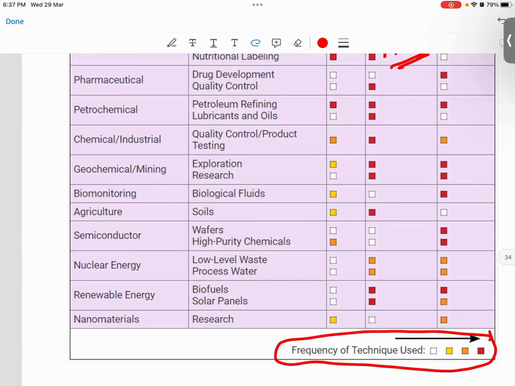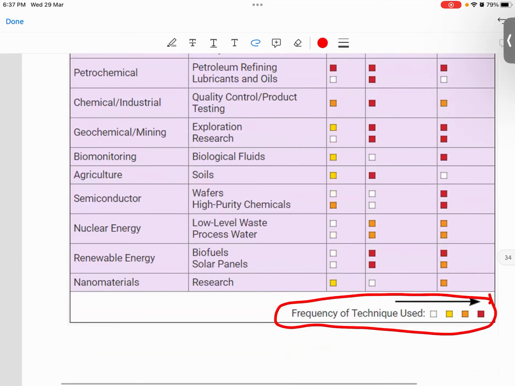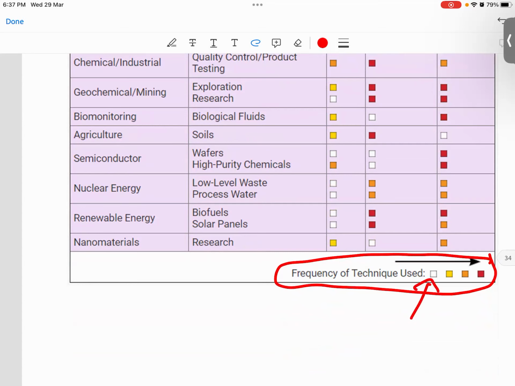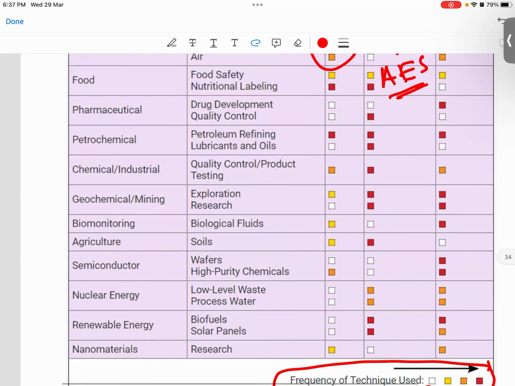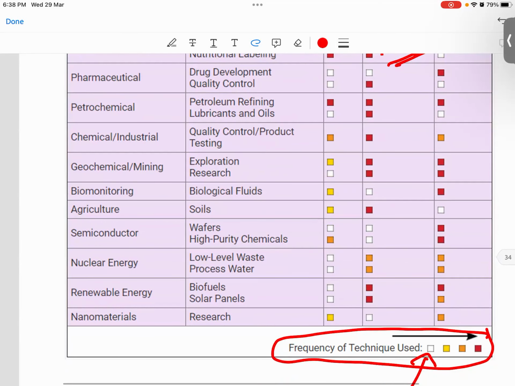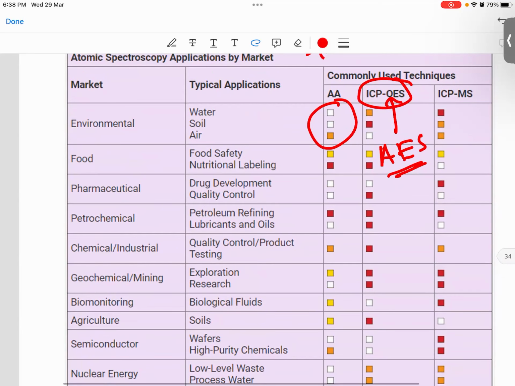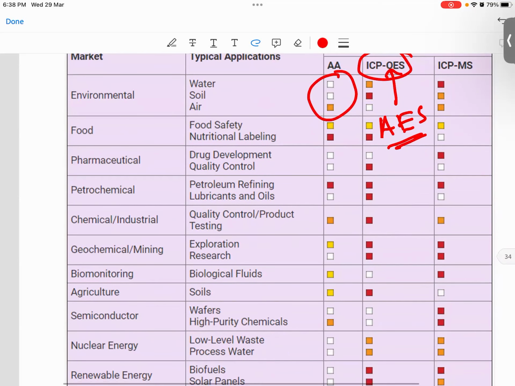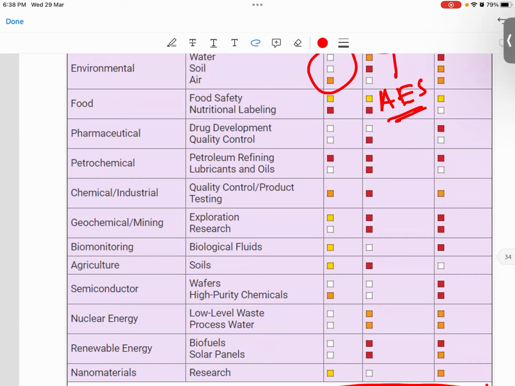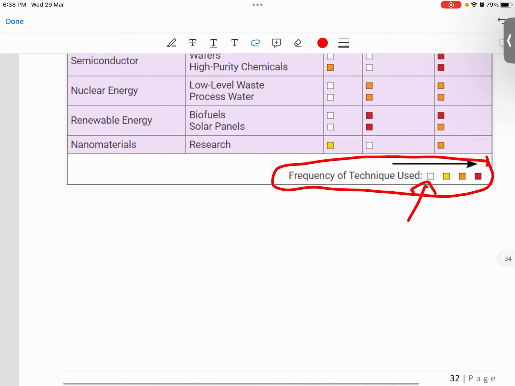If it is red, it means it is frequently used, whereas white is less frequent. So from the red color, it seems that AES is, of course, a much more robust technique to be used. So as I mentioned, if you have money, it's good to buy ICP, right?